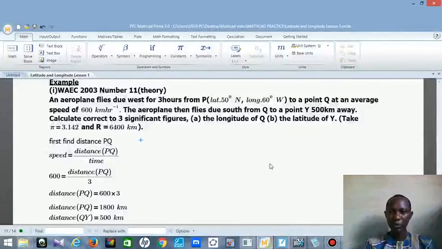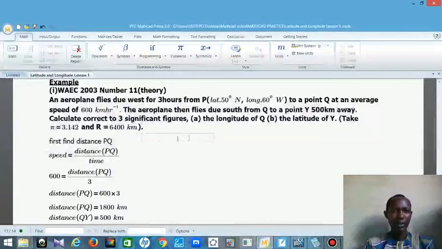So what we need to do here is you write angle between P and Q. Okay, that is what we are calculating now.